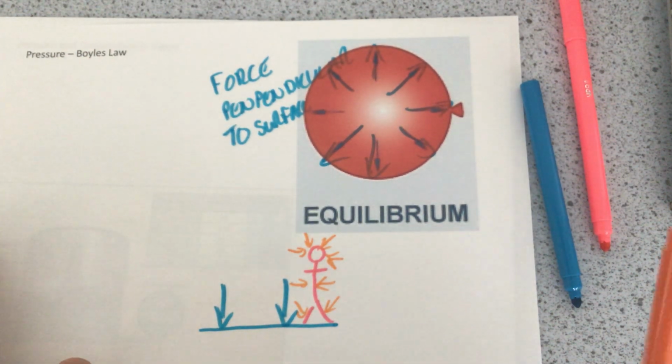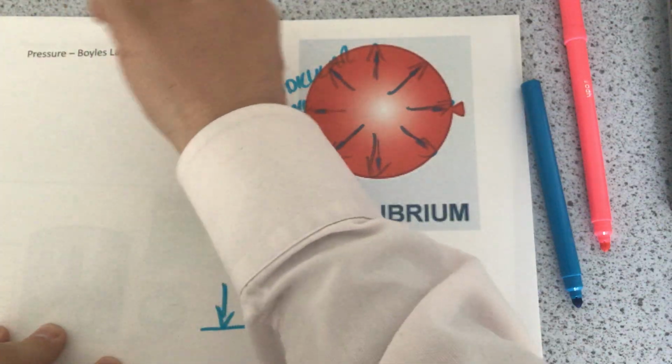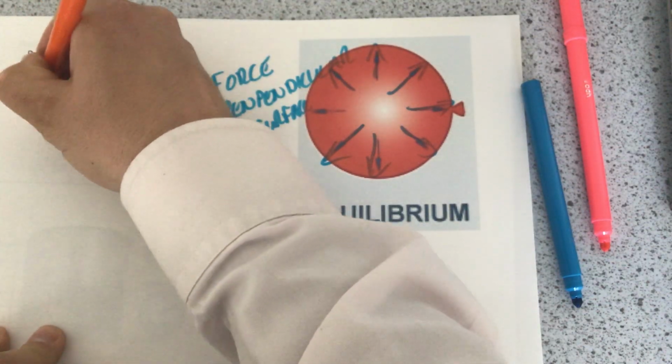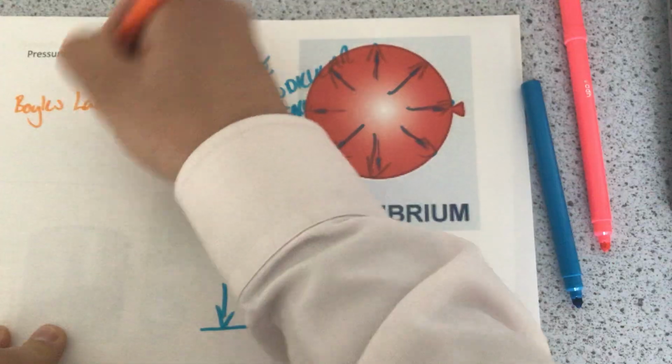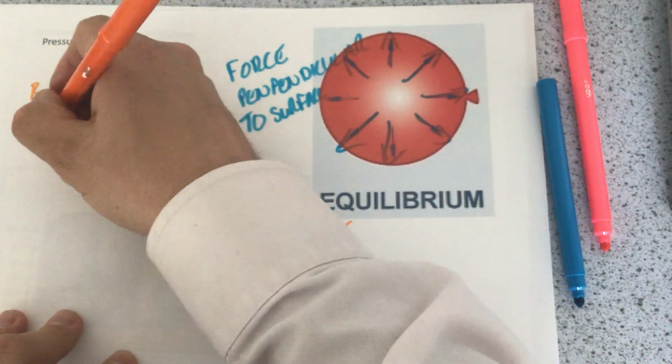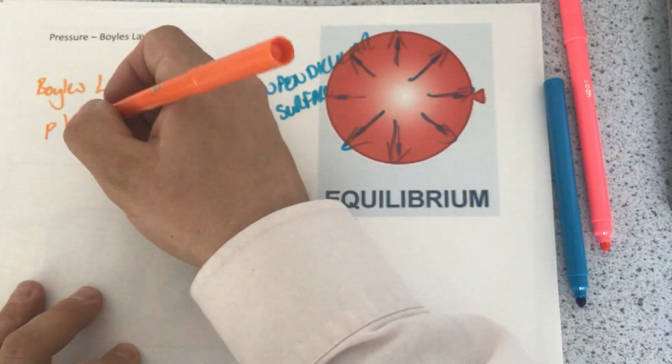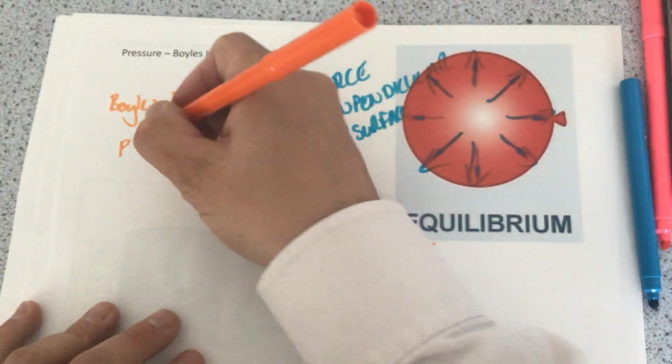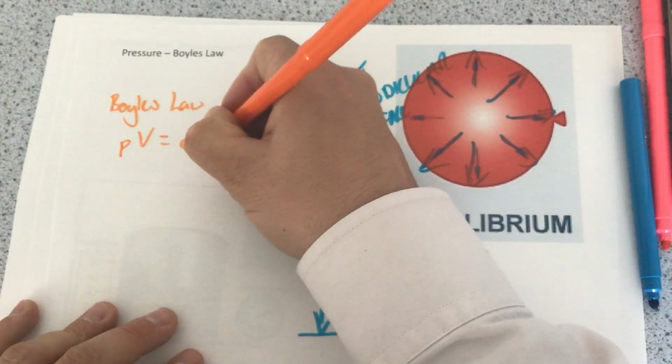Now, what you also need to know about pressure is that we have something called Boyle's law, which is associated with pressure. And Boyle's law is basically that the pressure and the volume of a gas at a given temperature is equal to a constant.